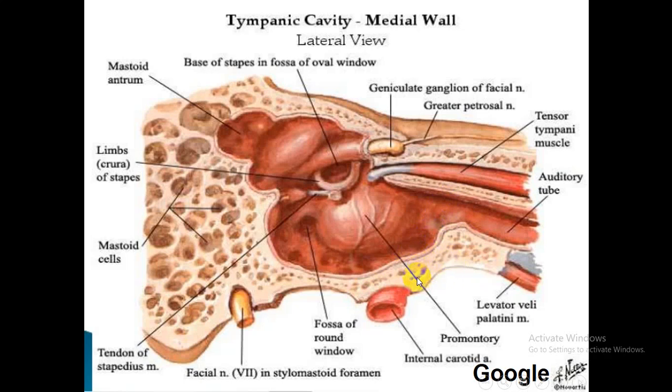This bone is perforated by the caroticotympanic nerve. انتبهوا عليه caroticotympanic nerve. ليش caroticotympanic؟ من internal carotid ومن tympanic plexus nerve. نحن قلنا دائما السمباثيتيك يجي من nearby artery. This caroticotympanic nerve is a branch from the sympathetic plexus around the internal carotid artery.